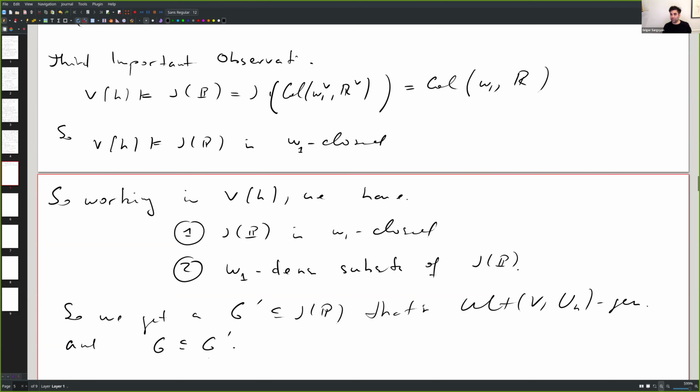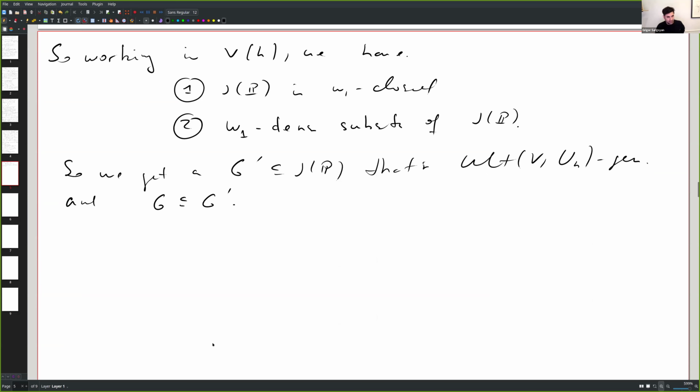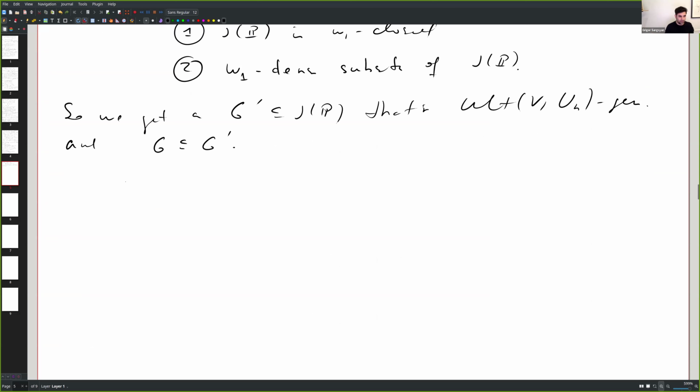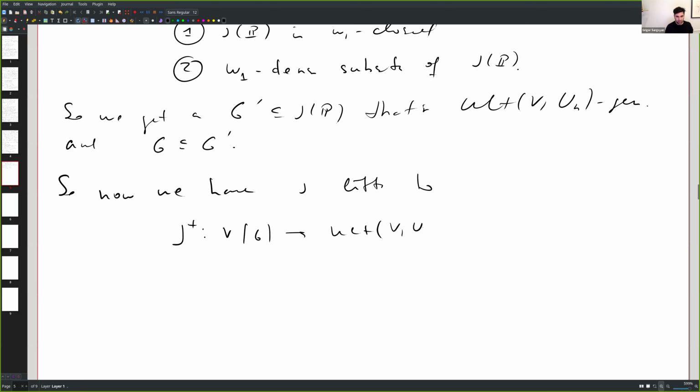So just like when you prove that if you have omega many dense sets, you can find the generic for those omega many. Okay, so that's it. Then we have what? So now we have J lifts to J plus from V[G] into V^H[G prime] in V^H.